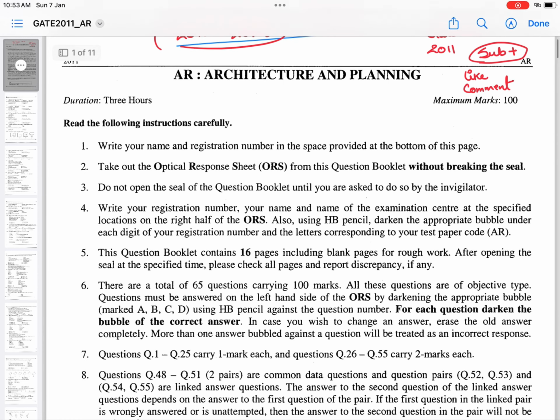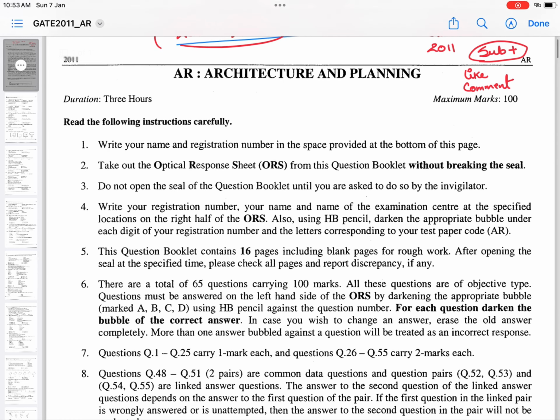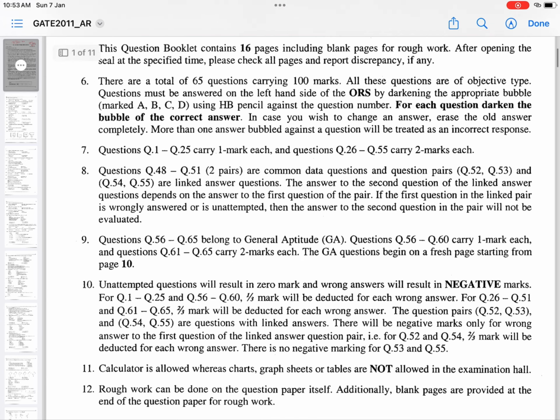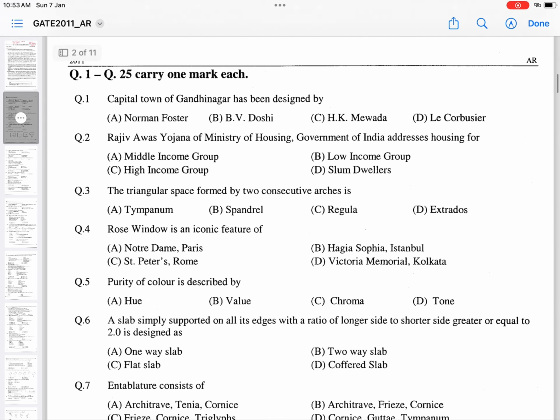So yes, let's move on and let's do the architecture paper, Architecture and Planning, AR, GATE 2011. First question is, the capital of Gandhinagar has been designed by H.K. Mewada.